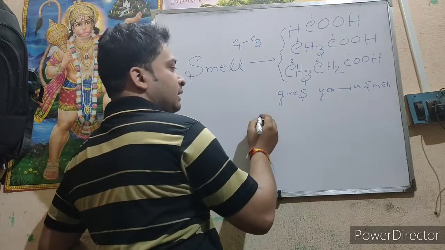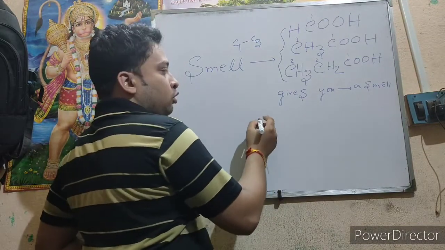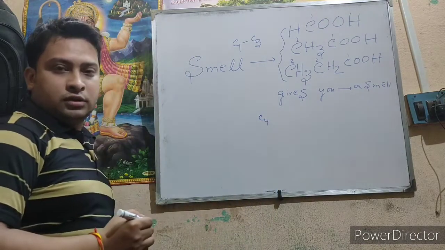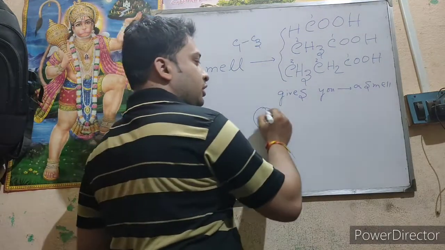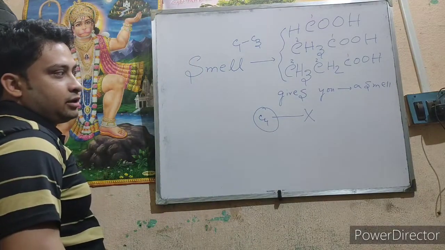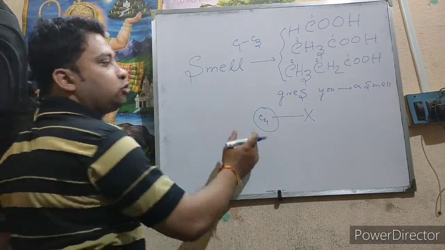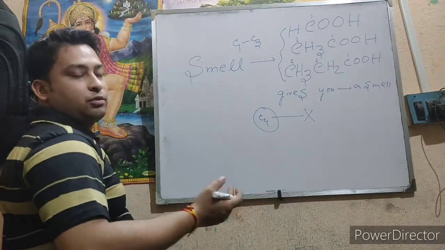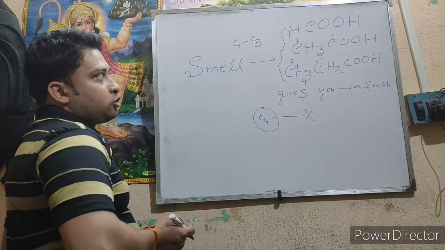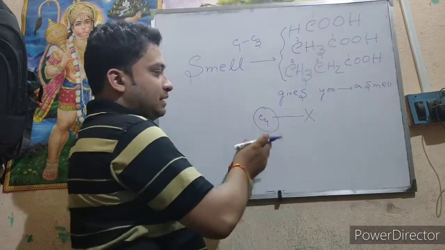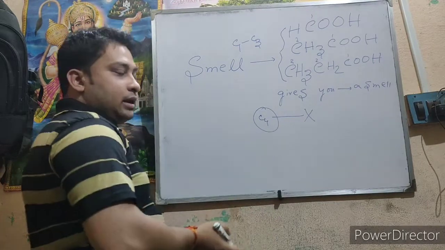But carbon 4 and others, carbon 5, carbon 6, carbon 7, do not give you the smell. So carbon 1 to carbon 3 gives you the smell, but after carbon 4 it does not.